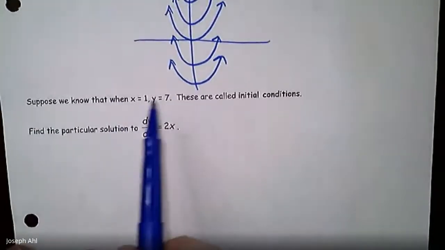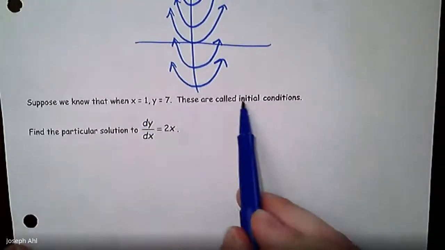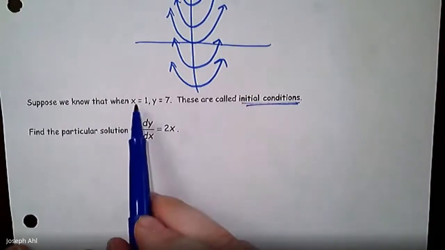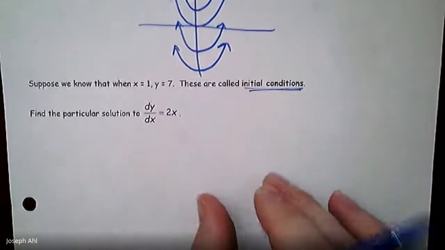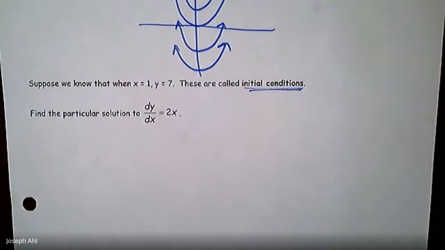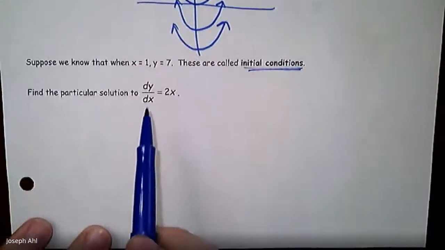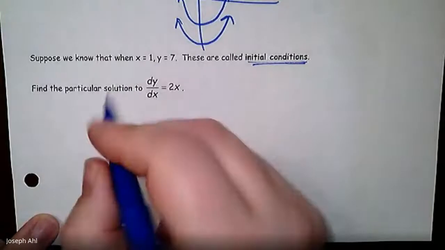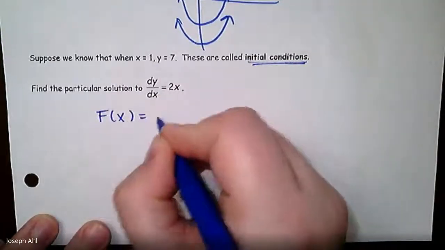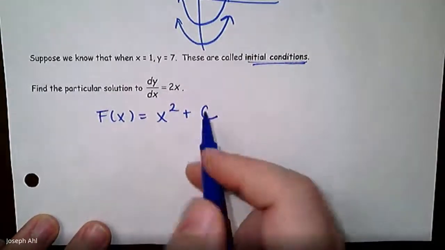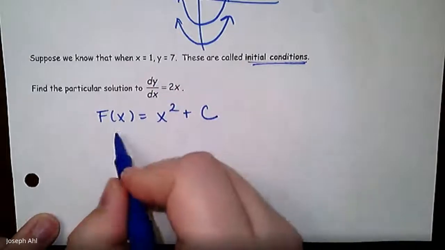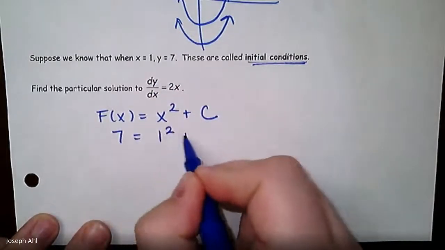Well, suppose we have some initial conditions. Okay, so these initial conditions here are, we know that when x equals 1, y is equal to 7. So then it says find the particular solution to dy/dx equals 2x. So going back to f of x equaling x squared plus c, we know that when y is 7, that x is 1.